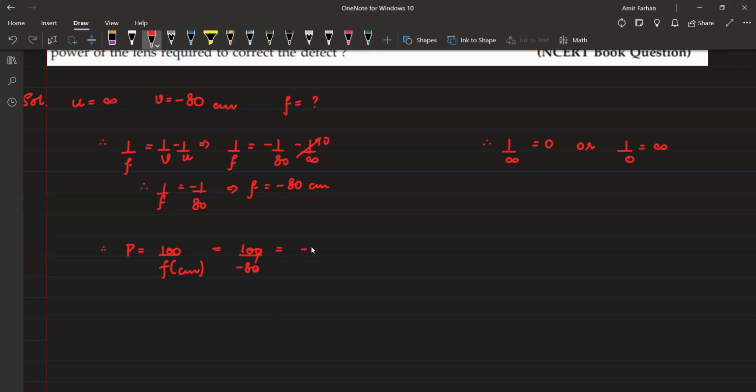This is coming out to be negative 1.25 diopter. It means that negative 1.25 diopter is the required power of lens. Clear? This is the formula to find power: 100 by f, if your f is in centimeter. And if it's in meter, it's 1 by f only.